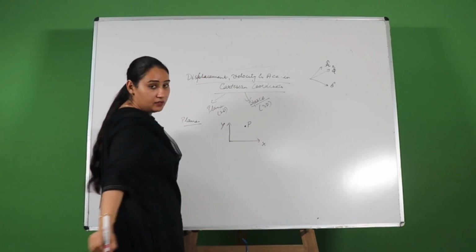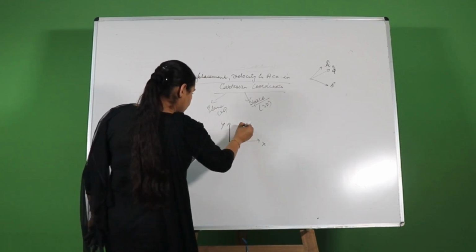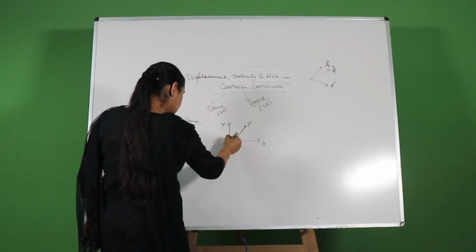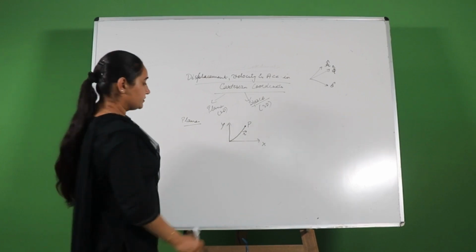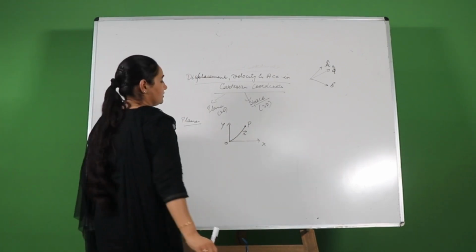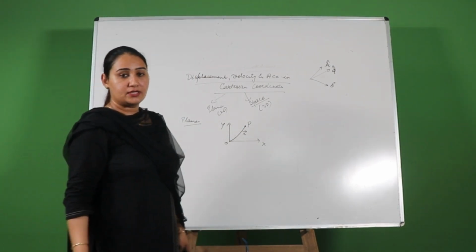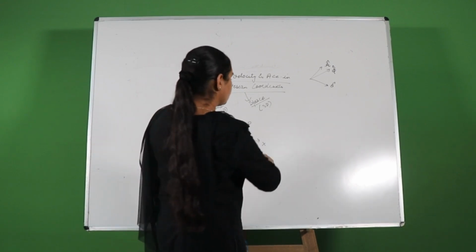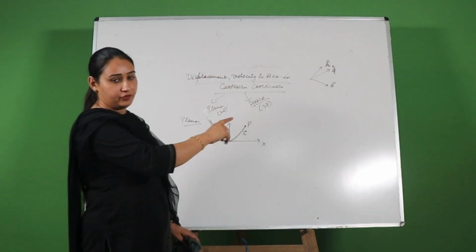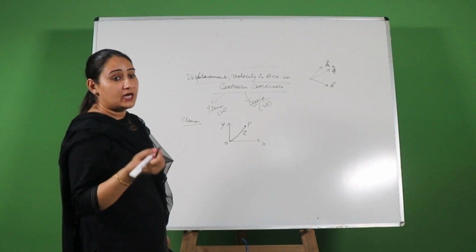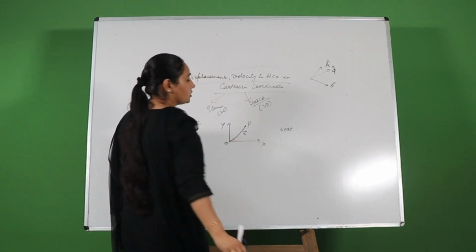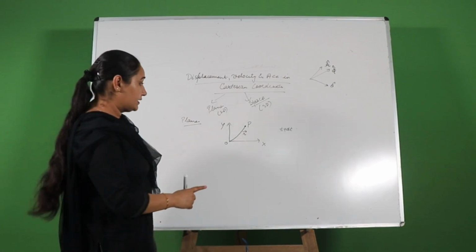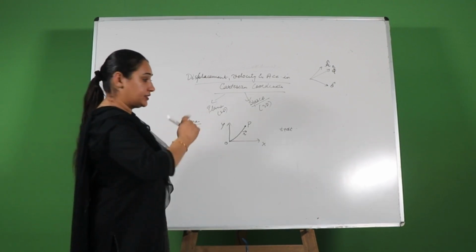Here is a particle and its position having a distance r vector from the origin. Let us suppose this was initially for time t, and after a time t plus dt, your particle moves to another position.